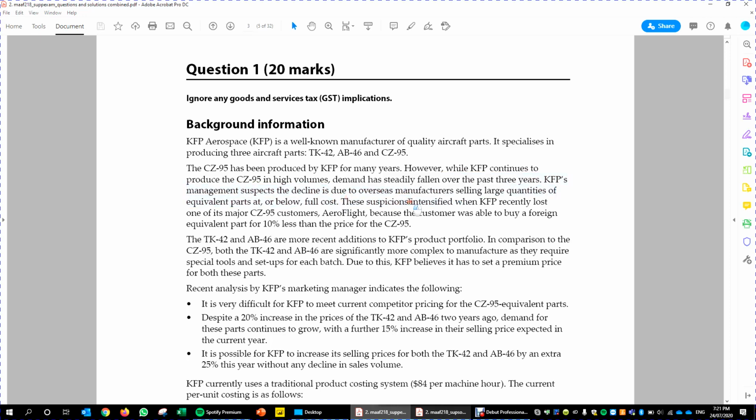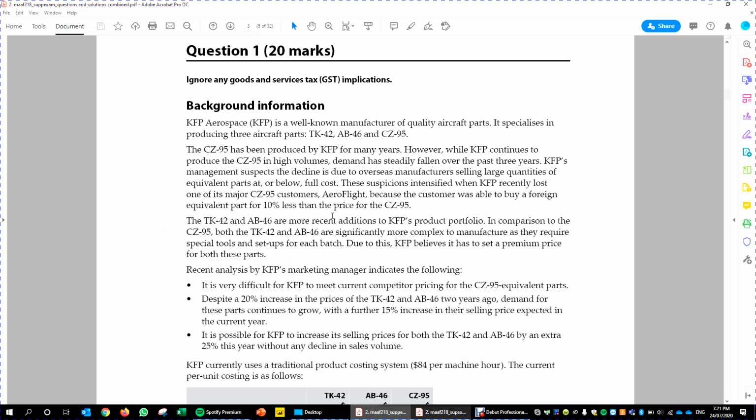Those suspicions intensified when they lost one of their major customers because the customer was able to buy a foreign part for 10% less. Okay, so CZ-95 has got some price competition from overseas competitors. For TK-42, the next product, and AB-46, they're more recent additions and they're more complex to manufacture. Therefore, they've got a price premium.